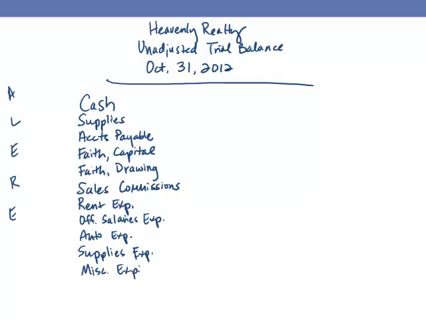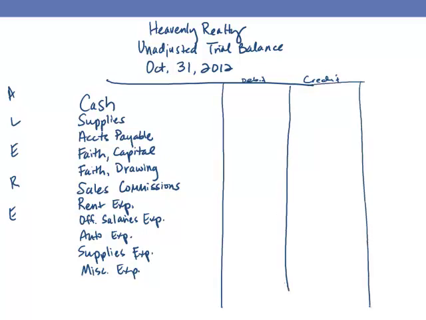All right, and we're going to have a debit column and a credit column, because if it's a debit balance, it'll go on the left. If it's a credit balance, it'll go on the right. We would generally do this in Excel or something that would be a little bit neater than this. Accountants need to be neat and precise, but this is what we've got to work with.